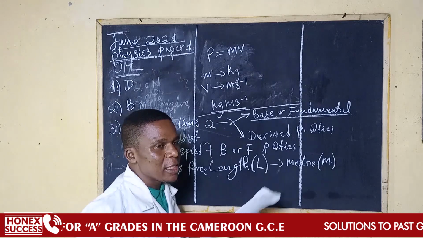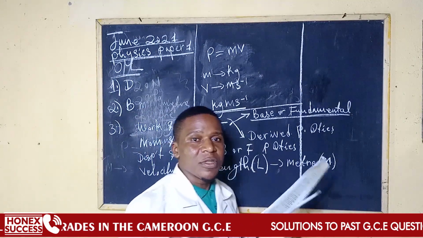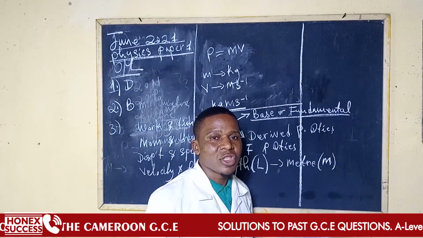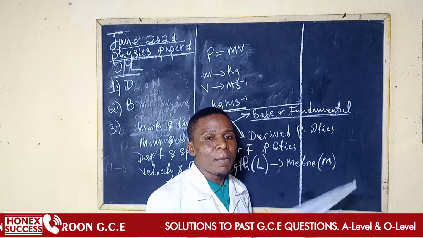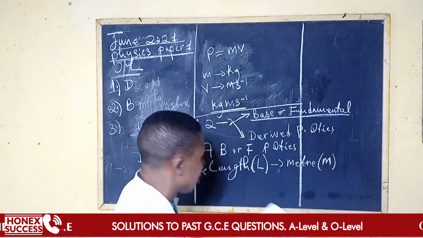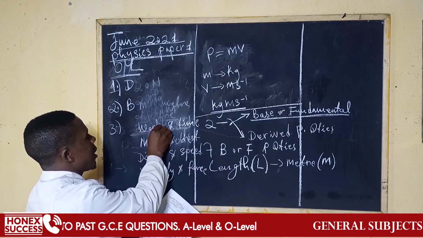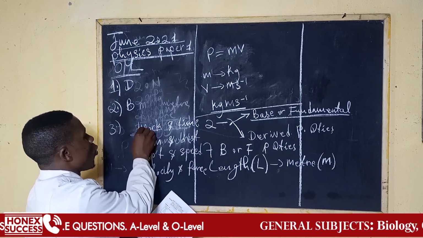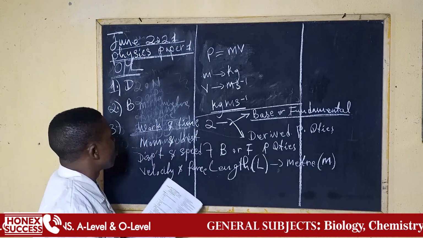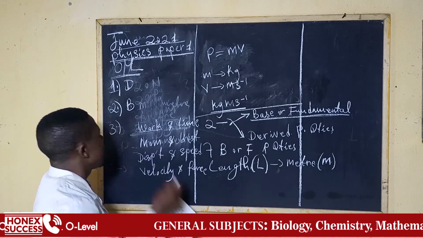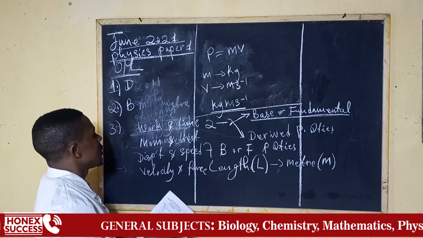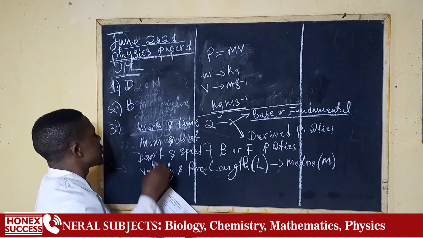So now we have to compare them. Work is actually a vector quantity or a scalar quantity? You see that work is a scalar quantity. It has just magnitude without direction.